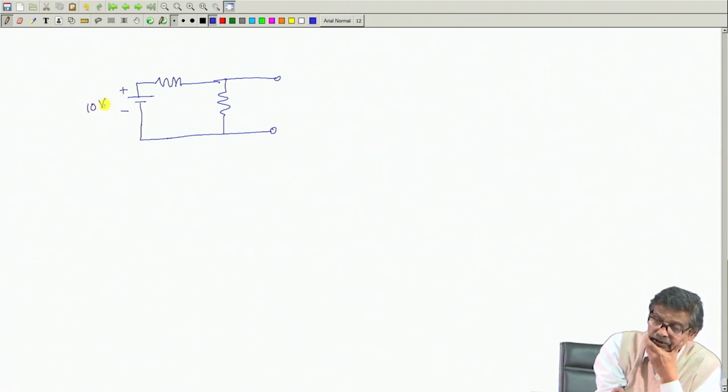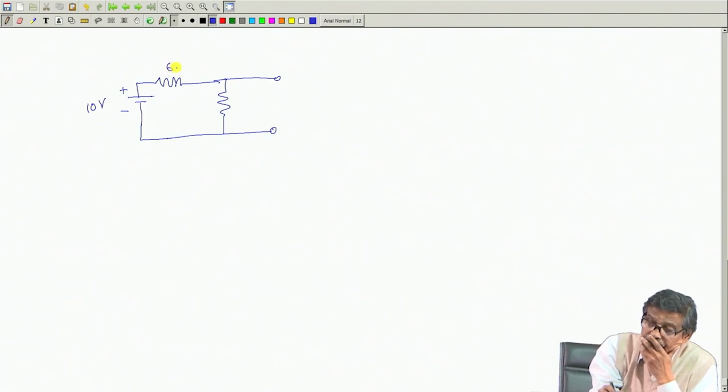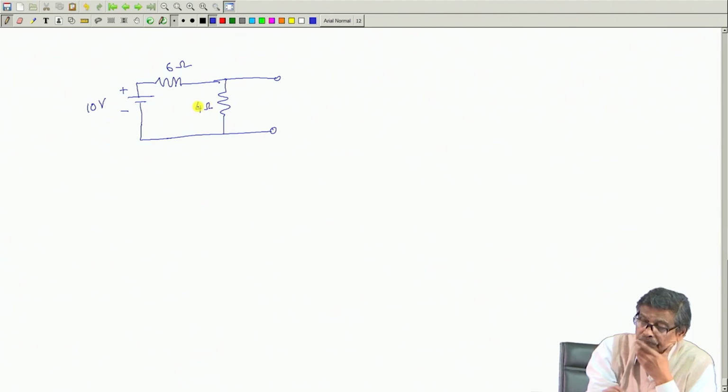This network has got a voltage source alone, and this is 6 ohm and this is 4 ohm. And this is also 4 ohm. This is suppose point A and B.